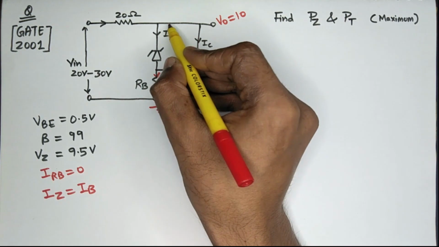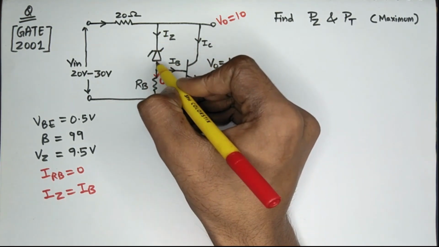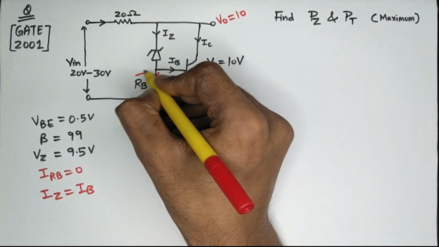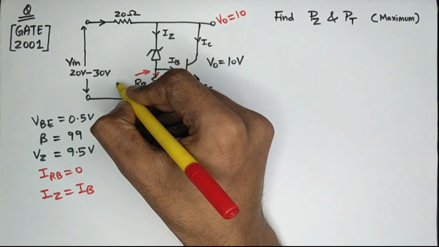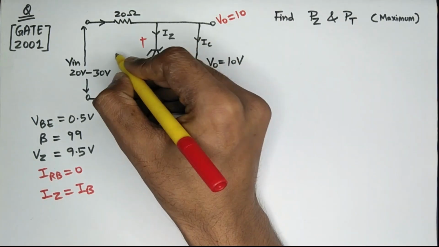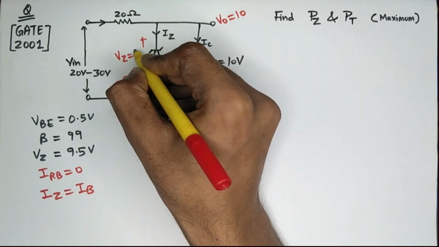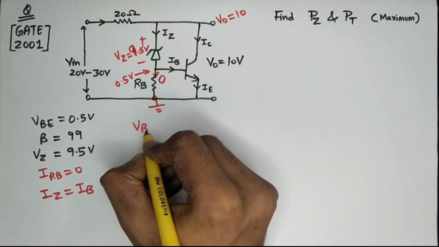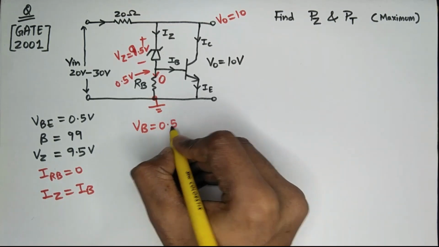This node is at 10 volt and we are going down by 9.5 volt through the Zener diode path and we will reach the base terminal. Now the base terminal will be at 0.5 volt, as this voltage drop is VZ, which is equal to 9.5 volt. VB is equal to 0.5 volts.